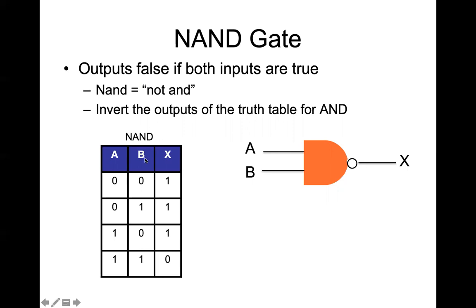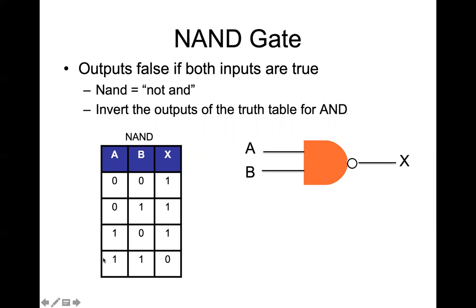So how does it work? We can figure out its behavior by remembering what an AND gate does and then just flipping it. If A and B are both 0, an AND gate would have output 0, so the NAND gate has to output 1. If A and B are different, that is A is 0 and B is 1, or A is 1 and B is 0, then the AND gate still would have output 0, so again the NAND gate has to output 1.